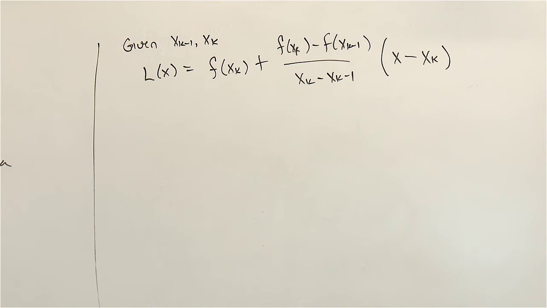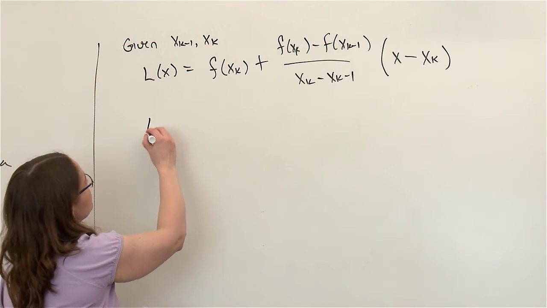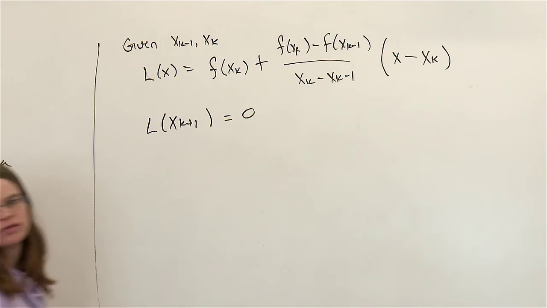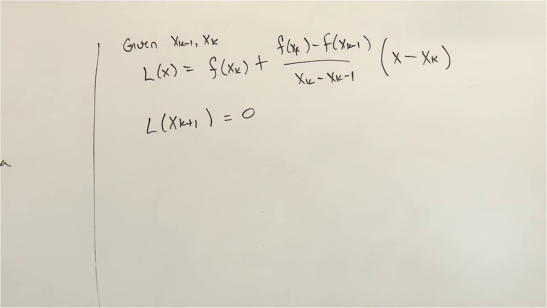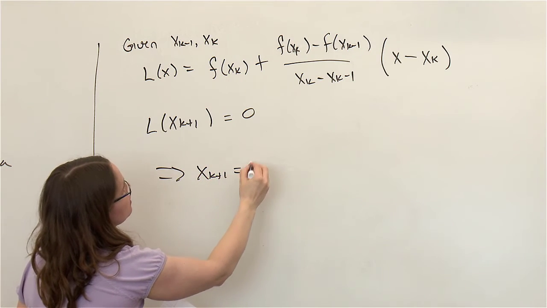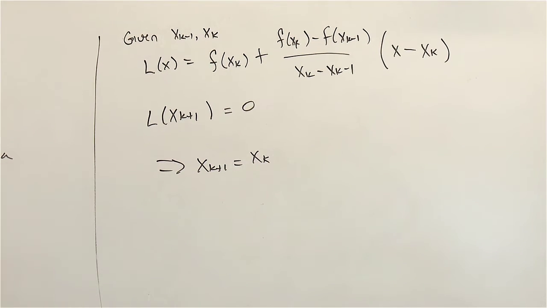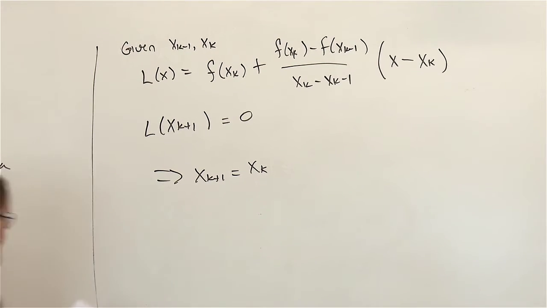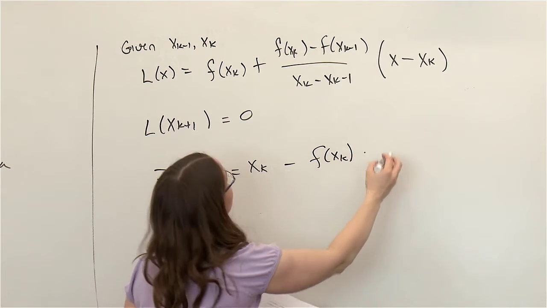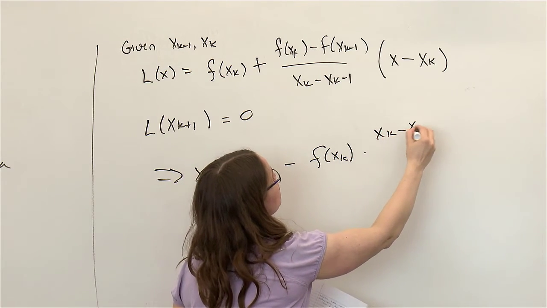Okay, and then from here we do the same thing that we did before. We say we are using this straight line to approximate f. Let's set the straight line equal to 0 and solve for xk plus 1. That gets us our new guess. So then what do we have? Xk plus 1 is equal to xk minus f of xk, and then we have to take the reciprocal of this slope here.